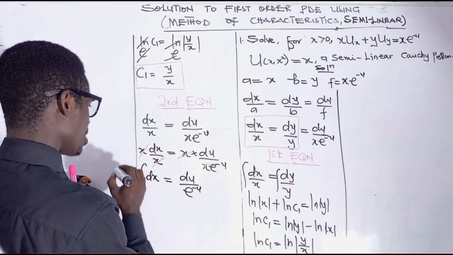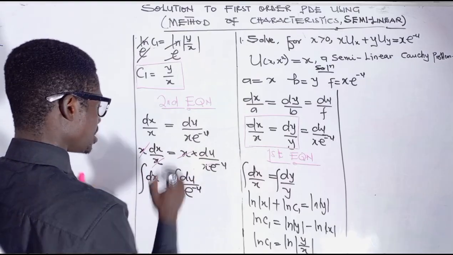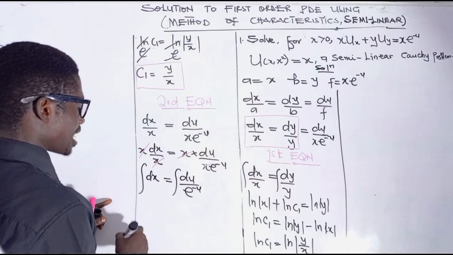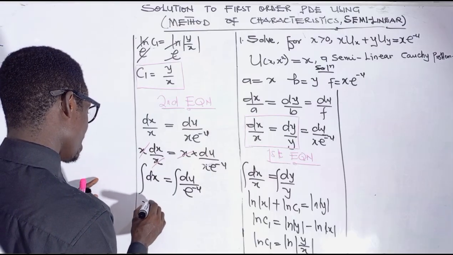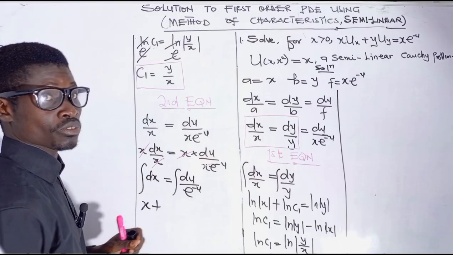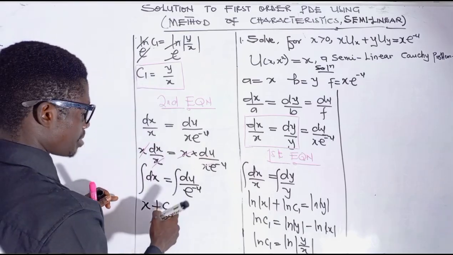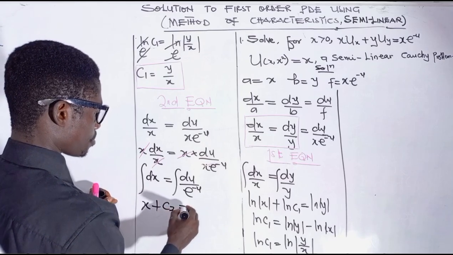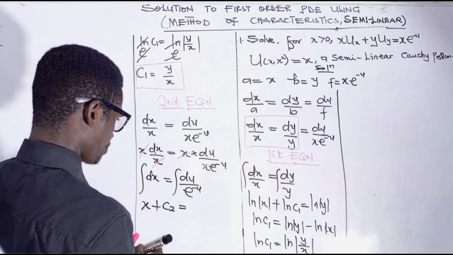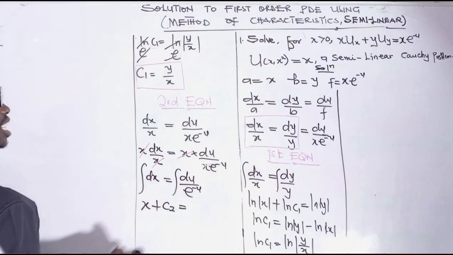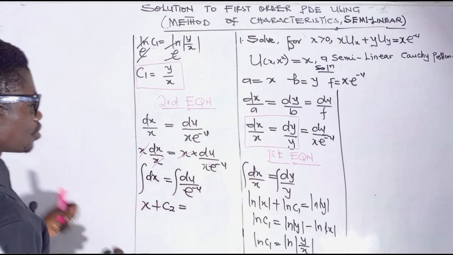So we have the integral of this and the integral of that. When we integrate dx, we are going to get x. Then we add the constant of integration. Since we already have C1, let's make this one C2. And then we integrate du all over e exponent negative u.